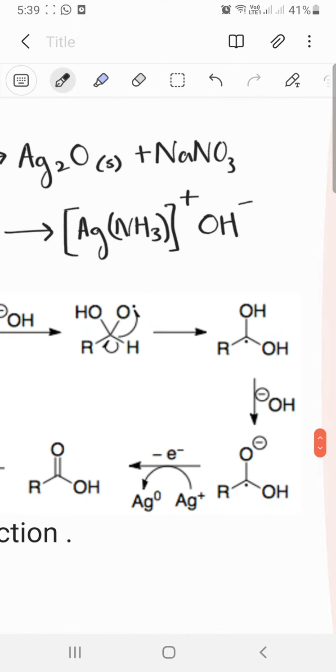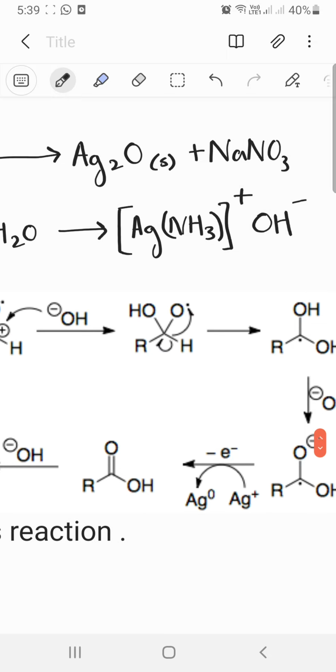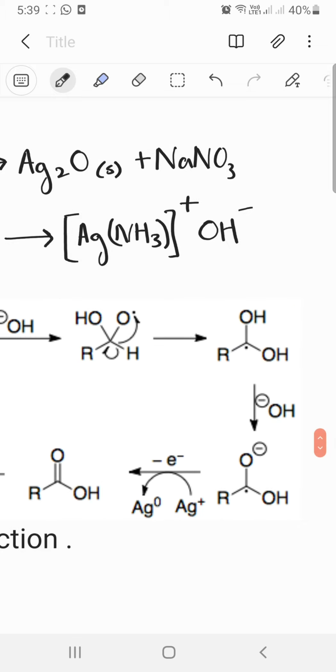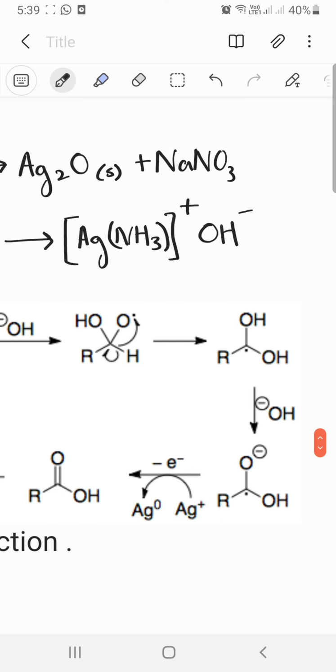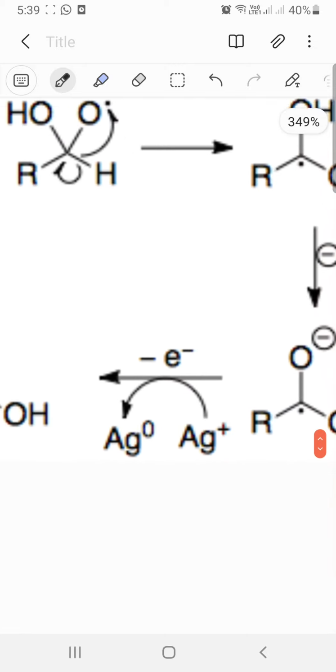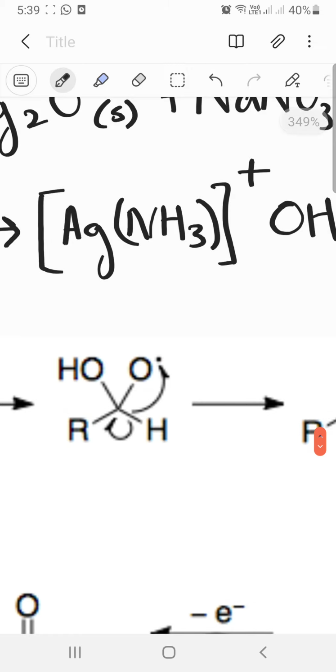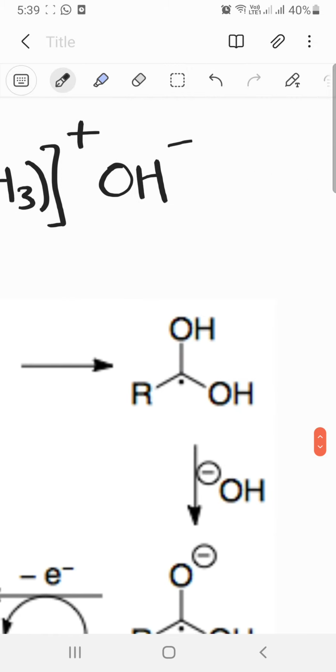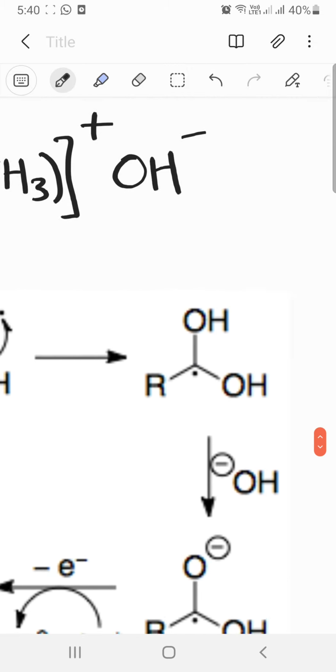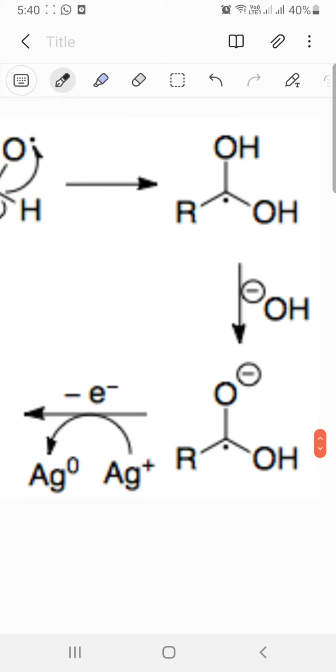Huh. Well, this is weird. Okay, so oh, this is weird. The hydrogen goes from there to there. It's a bit of a shift. And then OH minus, so this is gone.